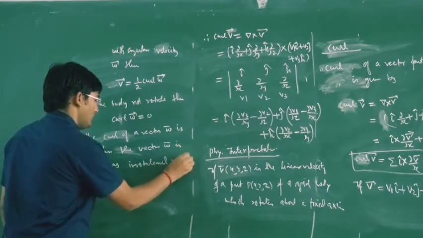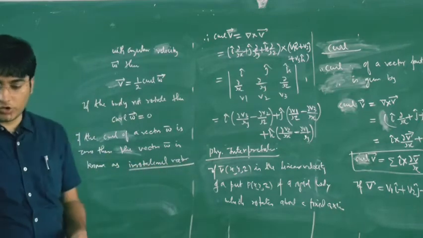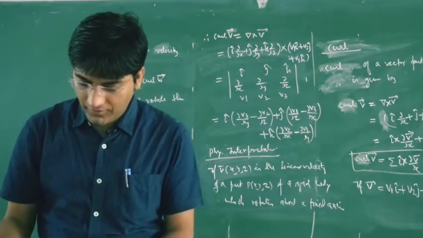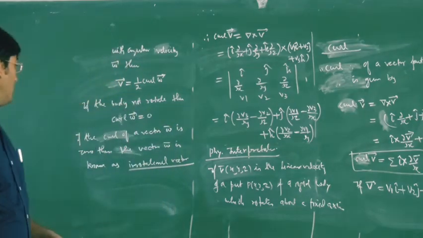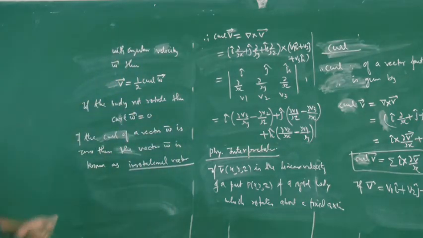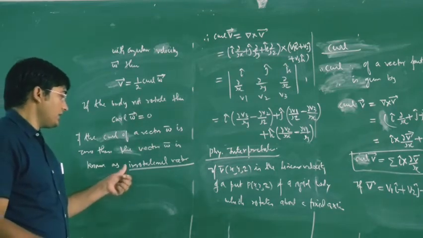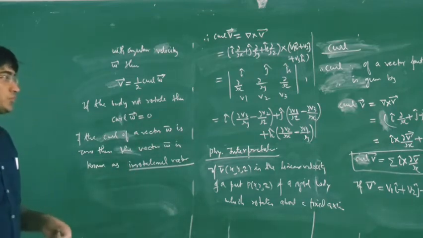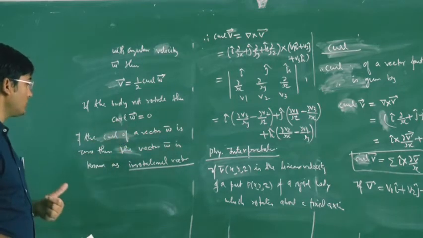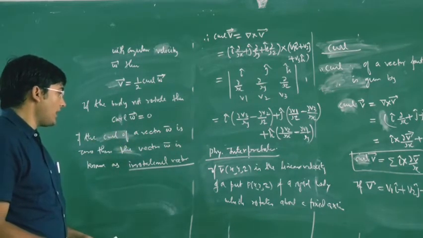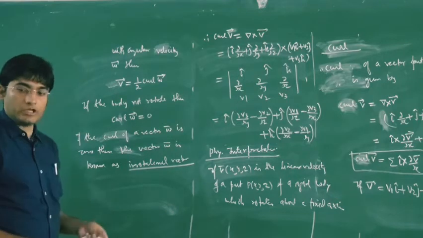In that case, the vector W is known as an irrotational vector. So we have defined two types of vector here. One is your solenoidal vector and another is your irrotational vector. So for the solenoidal vector, we will have divergence of V equal to 0, and for the irrotational vector, we will have curl of W equal to 0.